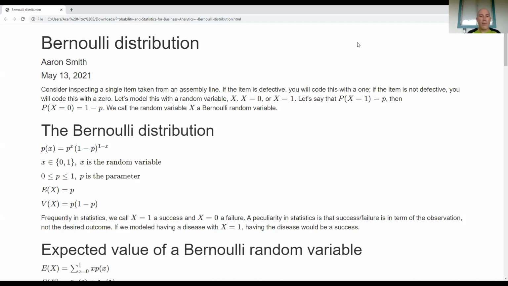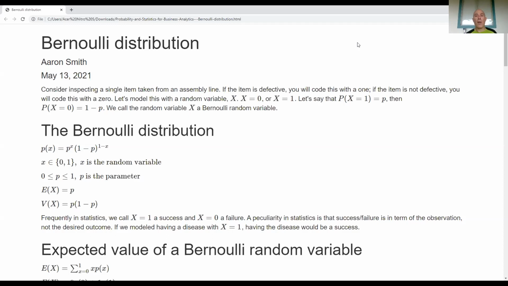If I was modeling a disease, then success would be having that disease. It's kind of a peculiar thing. So we're going to code a success with a 1 and a failure with a 0.